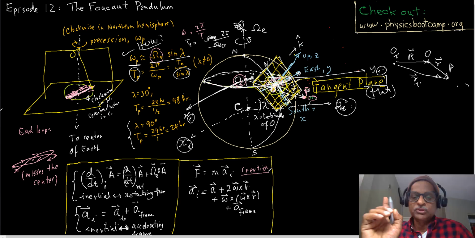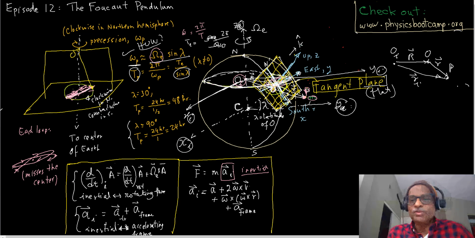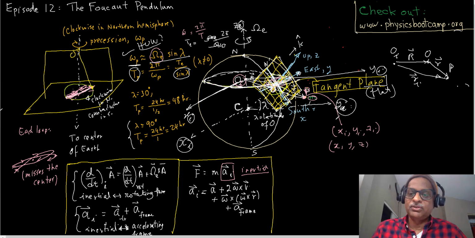We have shown some of this before: this point P, its coordinates will be xi, yi, zi in the inertial frame, and it's going to be x, y, z in a non-inertial frame.